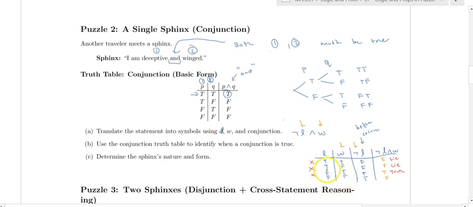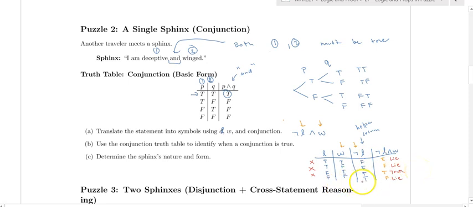So in the last row, we have a deceptive wingless Sphinx. So if a deceptive wingless Sphinx said, I am deceptive and winged, well, they would be telling a lie, right? Because though they are deceptive, they are not winged. And you have to be both in order to be telling the truth, deceptive and winged.